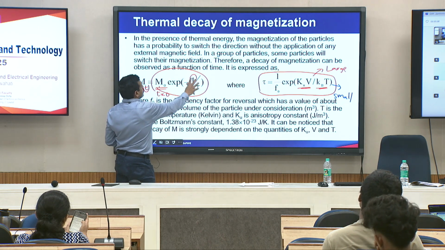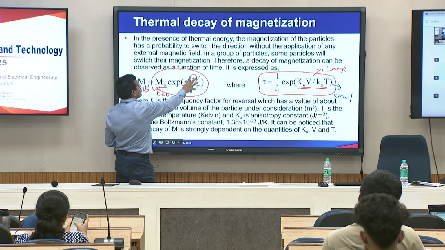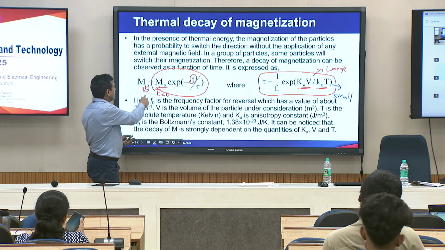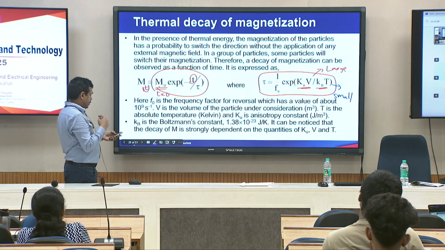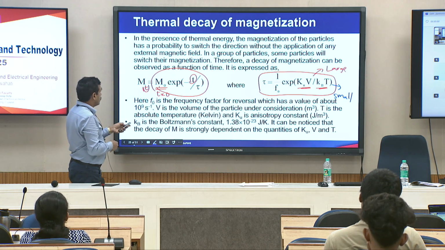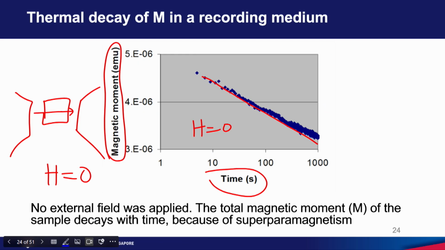If tau is small, this whole thing is going to be large, then exponential minus some large number means magnetization will decay drastically. So, that is what you see here in the previous image. It is not a linear scale, right. So, you see that the magnetization decreases because in this case KUV by KBT is small.